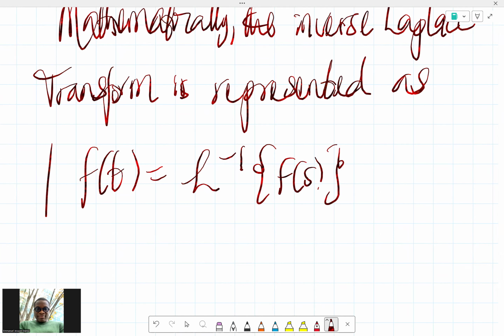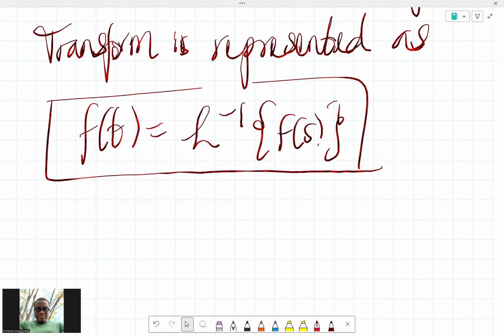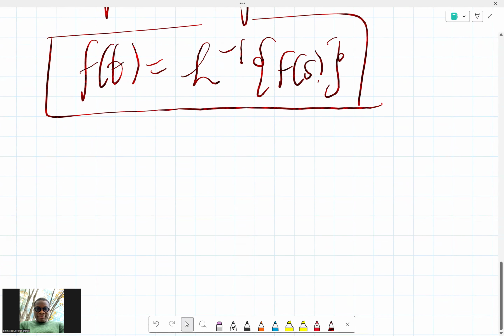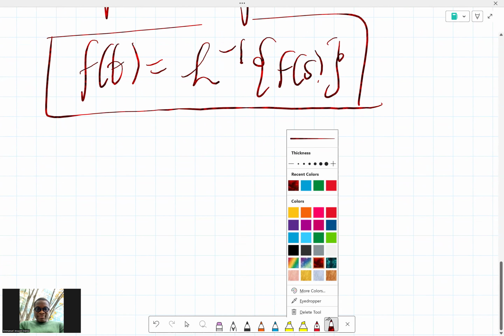So that's how that is represented. So the question now is, what are the steps for that recovery?